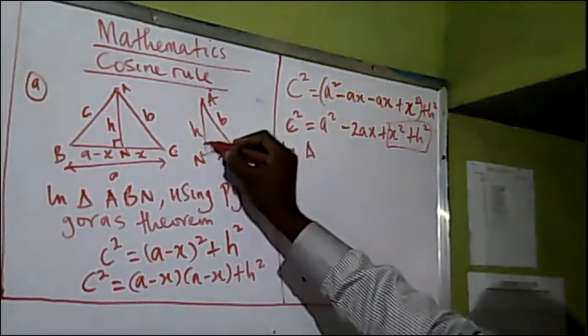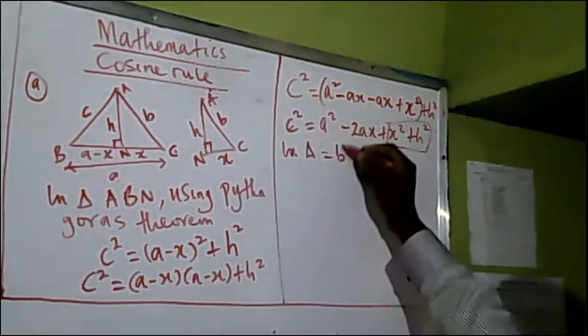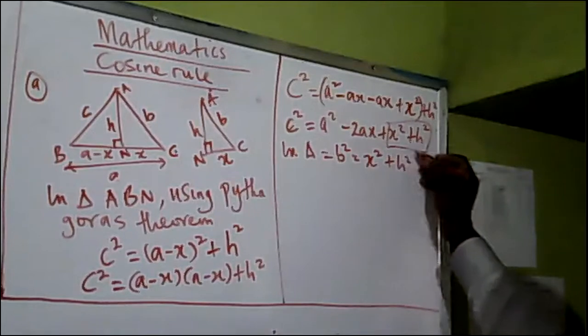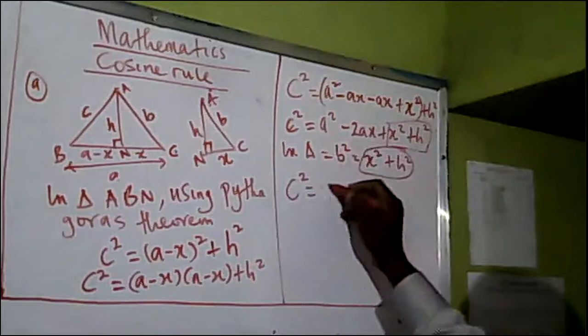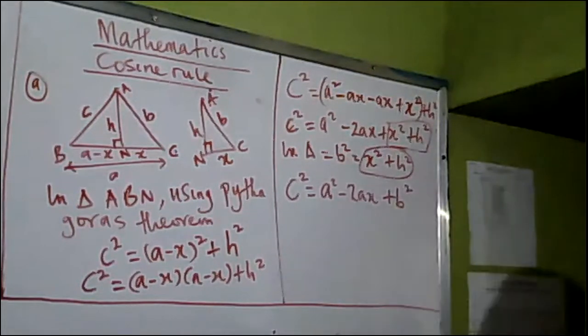This is also a right angled triangle. This is your hypotenuse. So b squared is equal to x squared plus h squared. Look at it, x squared plus h squared. It therefore means I can turn this to c squared is equal to a squared minus 2ax plus b squared.